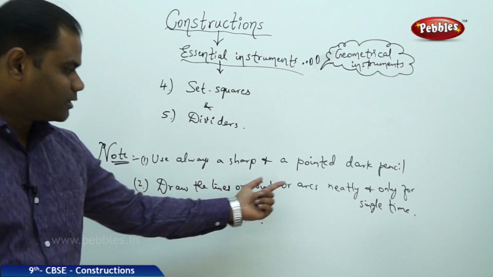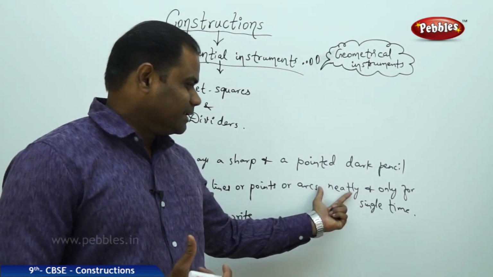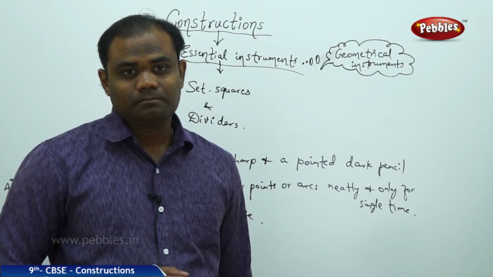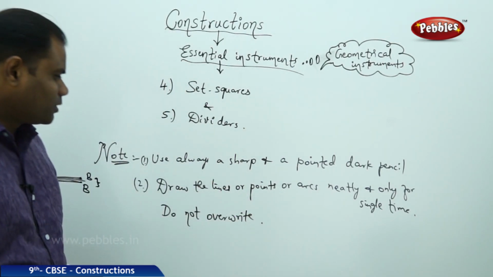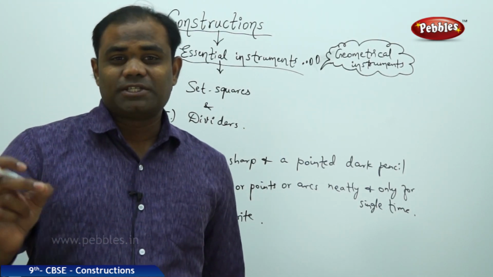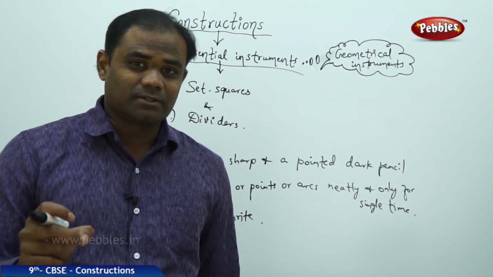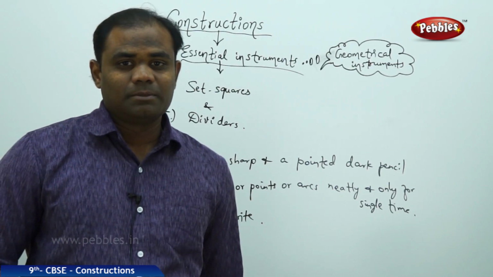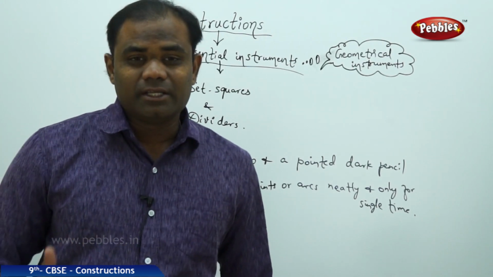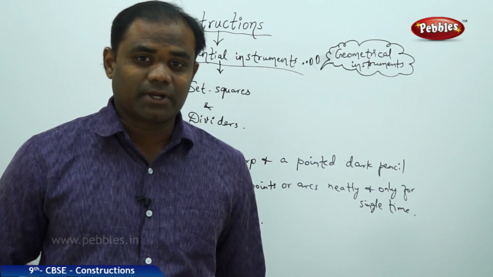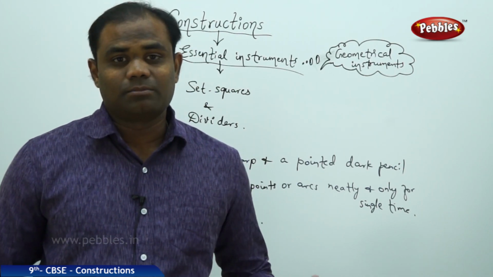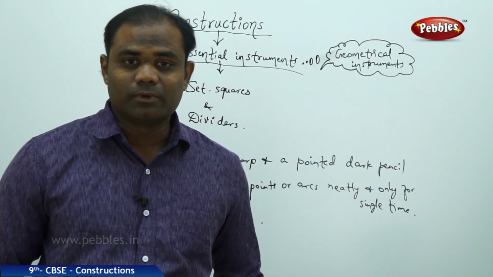Draw the lines, points or arcs, whatever you take, neatly and only a single time. These are the two important notes we need to take into consideration if we want to achieve a perfectly constructed diagram. Keeping these two notes in mind, let's see in each of the steps how to construct different diagrams using the mathematical properties to be followed.